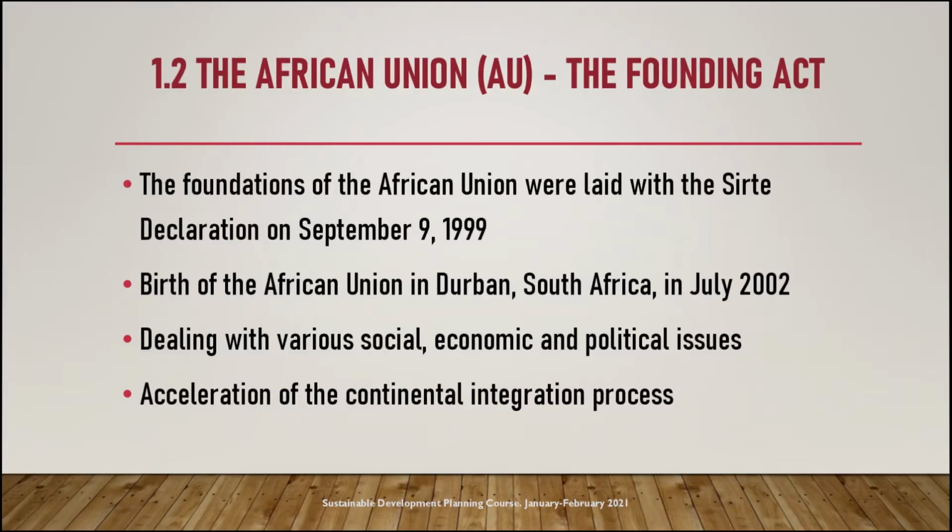Then was decided a new venture, the African Union, which was founded by the Sirte Declaration on September 9, 1999, which 3 years later, in Durban, South Africa, gave birth to the African Union.